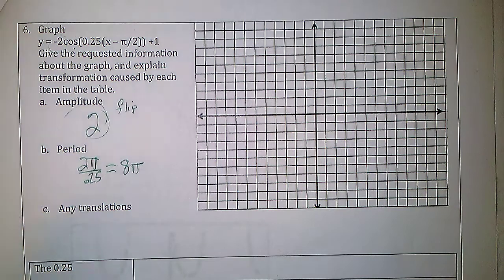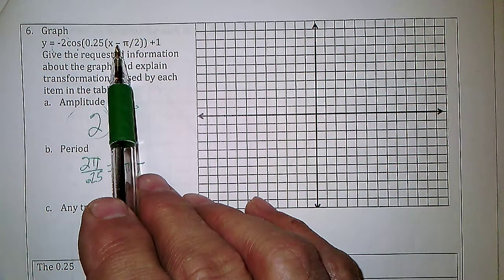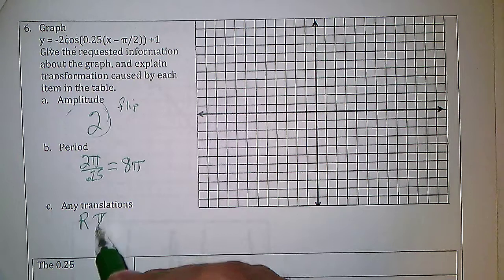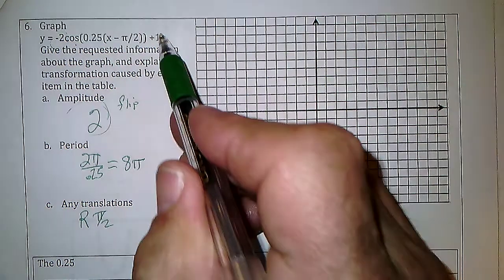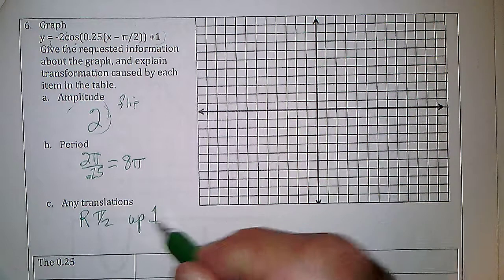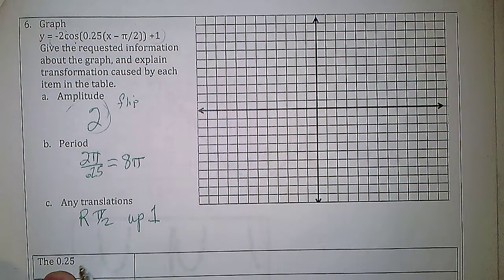Translations are slides. They're not stretches. So this is slid to the right pi over 2 and up 1. There are 2 translations on this one. So what's the 0.25 do?